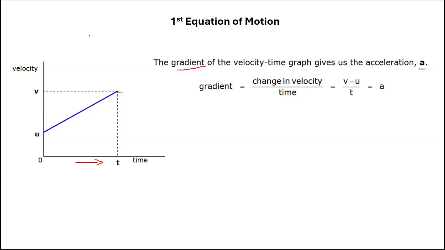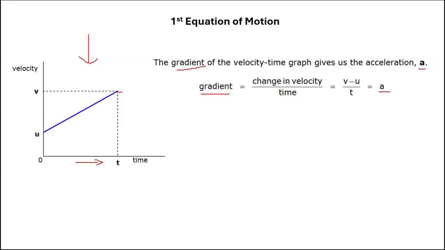Writing the mathematical formula for slope, gradient is equal to change in velocity divided by time. This is by the definition of gradient, or slope. The change in velocity divided by time gives us the gradient, or acceleration a.